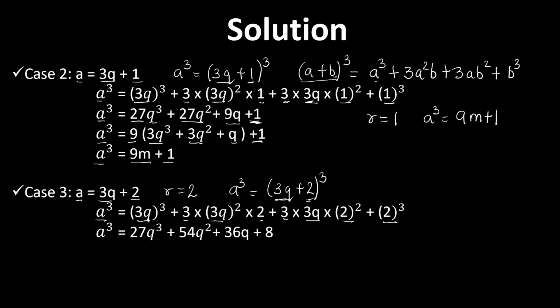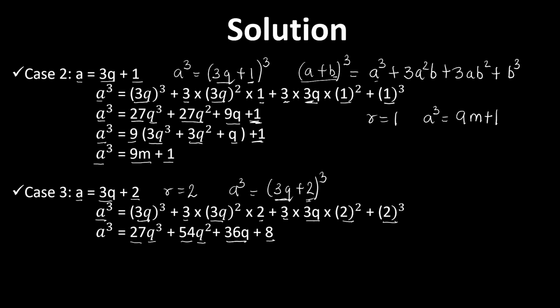We can write (3q) whole cube as 27q cube. 3 into (3q) whole square into 2 will give us 3 into 9q square into 2, which is nothing but 54q square. 3 into 3q into 2 square will be written as 3 into 3q into 4, which is 36q, plus (2) whole cube will be written as 8.